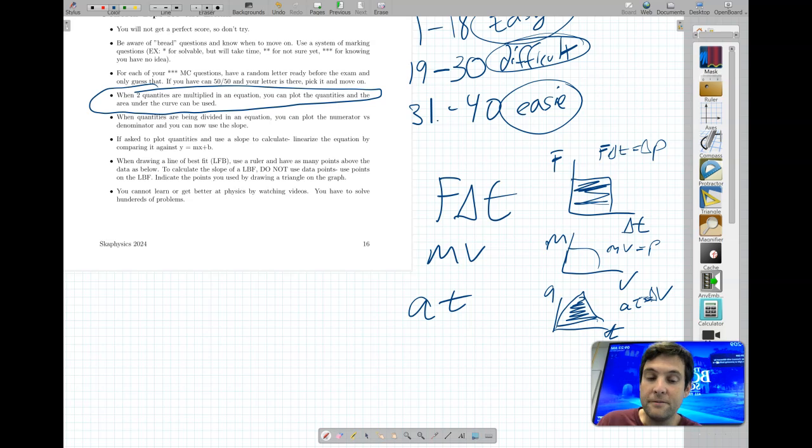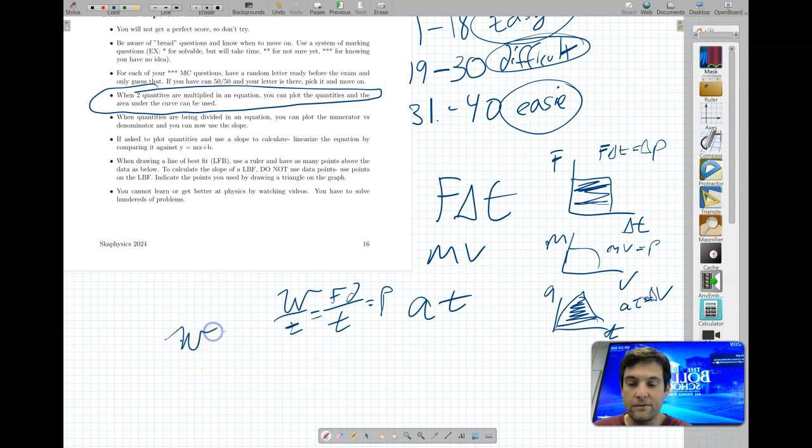When quantities are being divided in an equation, then we can plot those quantities and use the slope. So if it's work over time, which turns into force times displacement over time, which equals power, maybe we're going to plot work versus time. And then the slope of that is going to give us our power.